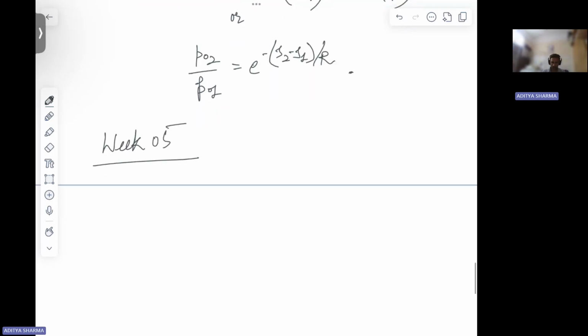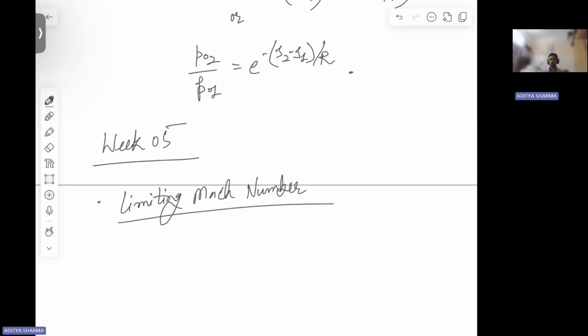So first is your limiting Mach number. This is in relation to your normal shock only.